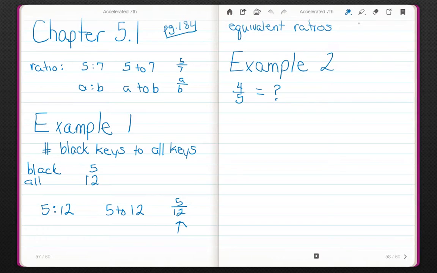So for example, 1/2 and 2/4 are equivalent ratios. They are equivalent fractions. So example 2 wants an equivalent fraction for 4/5. Well, 4 and 5 do not have any common factors, so I can't divide and simplify the ratio, but I can multiply.